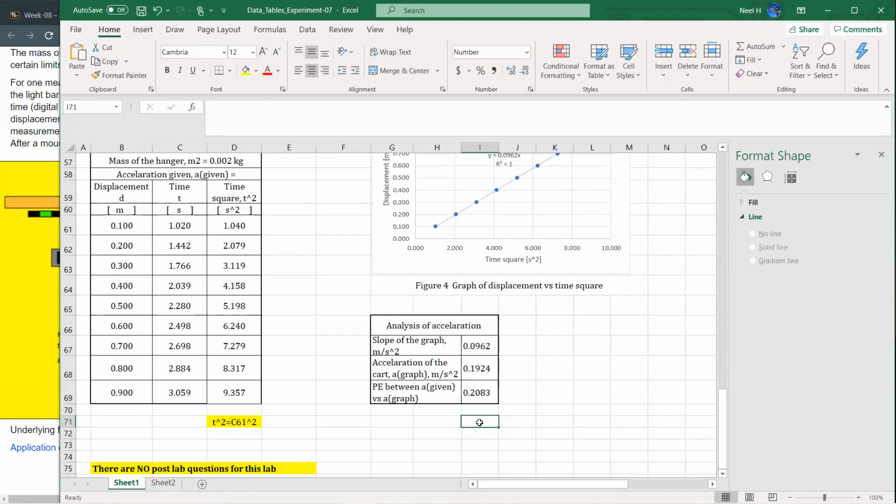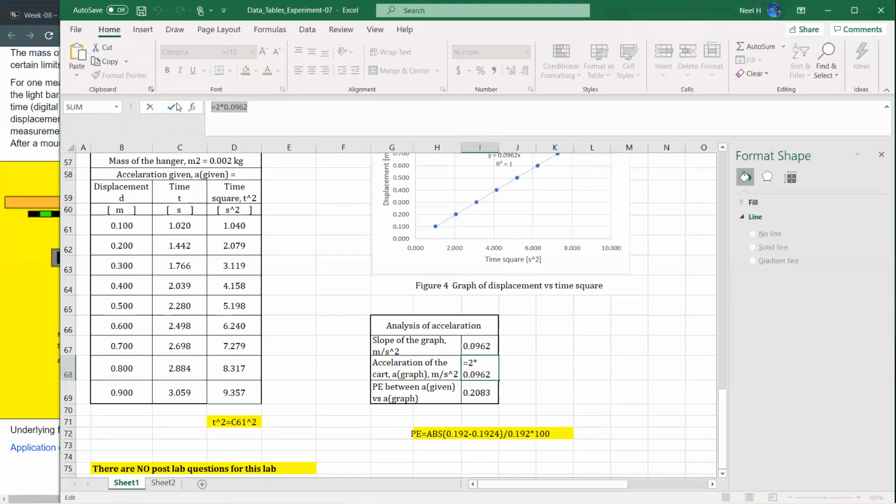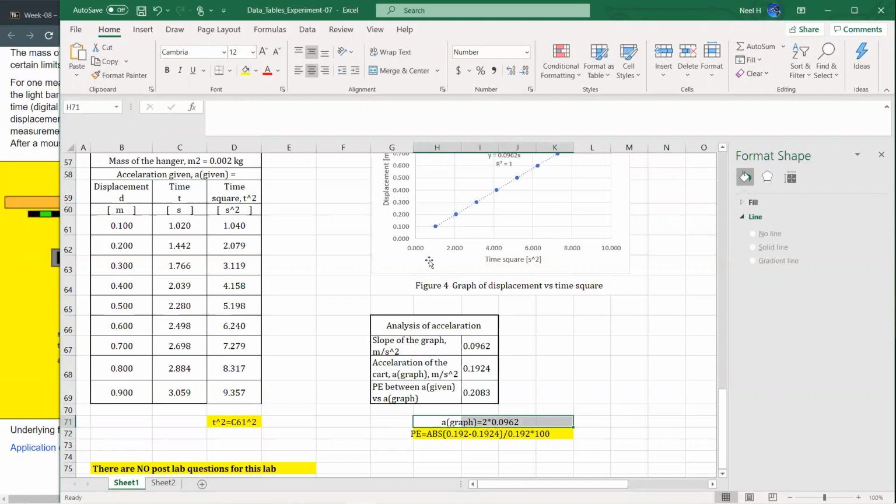So this is the PE equation here, for this part of the calculation. And also here I did the acceleration calculation by using the slope, A from the graph. That's the A from the graph by using the slope of the graph, okay?